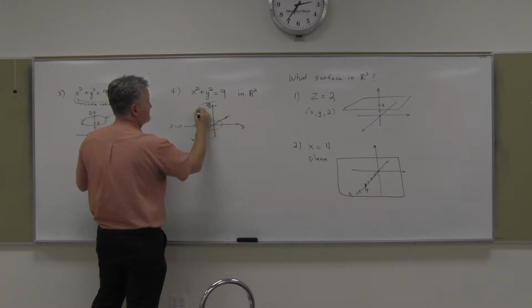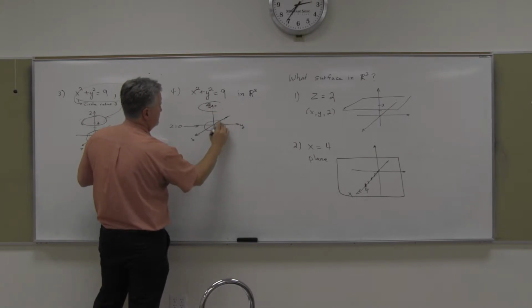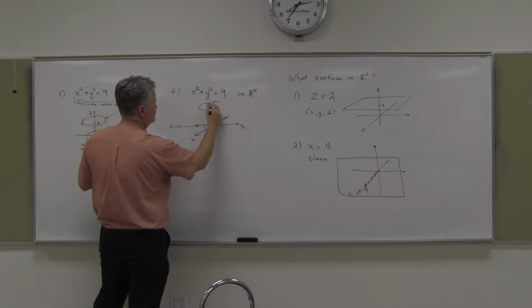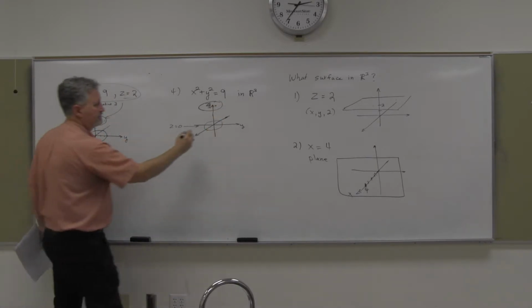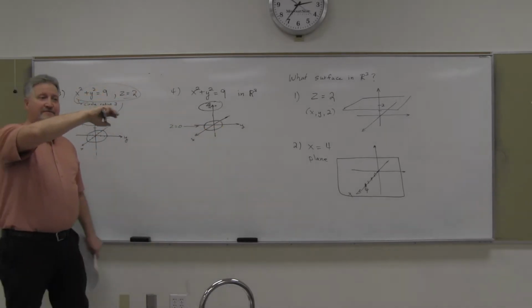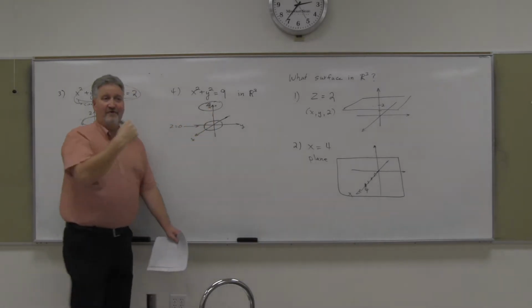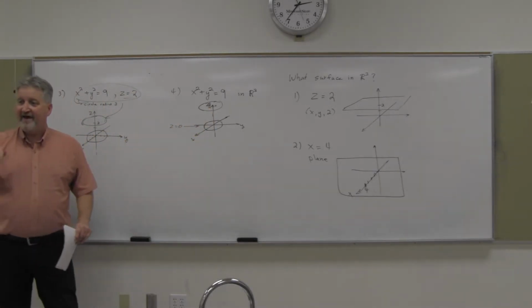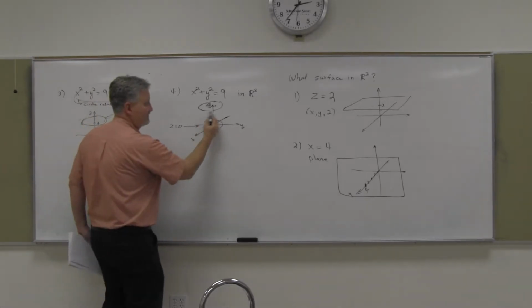So we've got another same size circle, but at a level of 3. You've got one at 1, one at 2, but you've also got them in between, 1.5, 2.5. You see what I'm saying? So you've got all these circles in here.